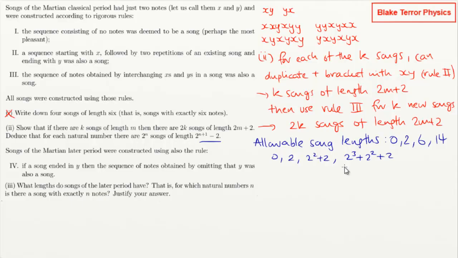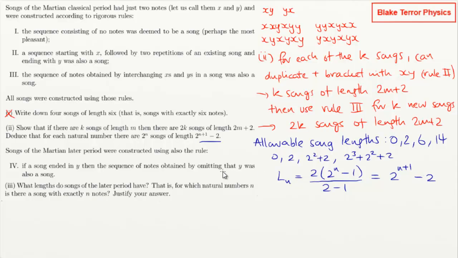So it's just a geometric sequence, isn't it? The length n is going to be equal to, first term is 2, so 2 to the n plus 1 minus 2 over 2 minus 1, which is 2 to the n plus 1 minus 2.